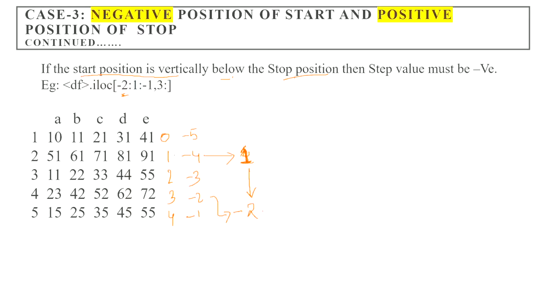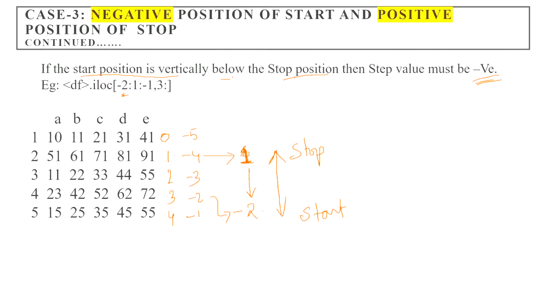Vertically means, in this way, if start is at bottom and stop is on top, in that case step value must be negative. Step value must be negative.